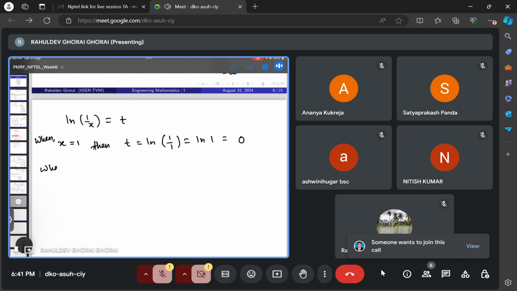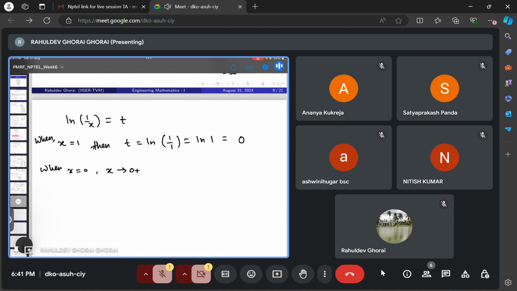When x equal to 0, you cannot do exactly x equal to 0. We have to take x tends to 0 plus. We cannot take x tends to 0 minus also, because it's a logarithm function which is not defined there.